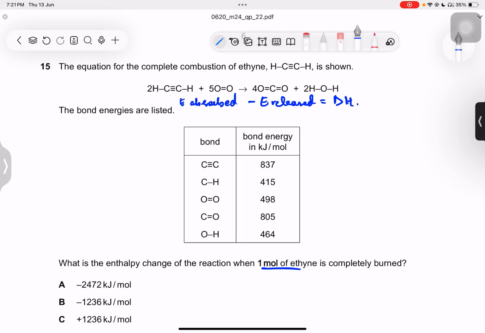So we have 2 carbon hydrogen bonds, so 415 times 2, plus we have a triple bond with carbon carbon, 837.